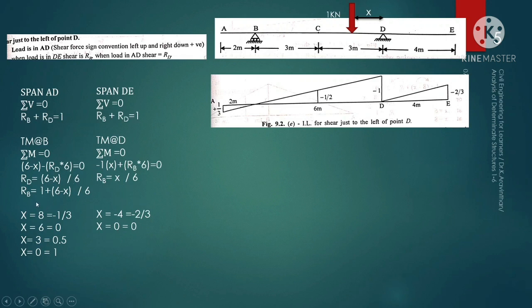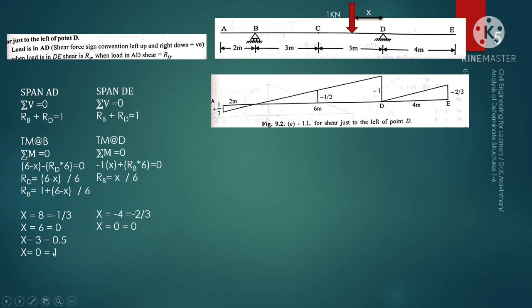If you substitute x equal to 0, so x equal to 0 in the sense x is starting from the point D here. Note that, and if I substitute the value of 0, 6 minus 0 will be 6, 6 by 6 will be 1.